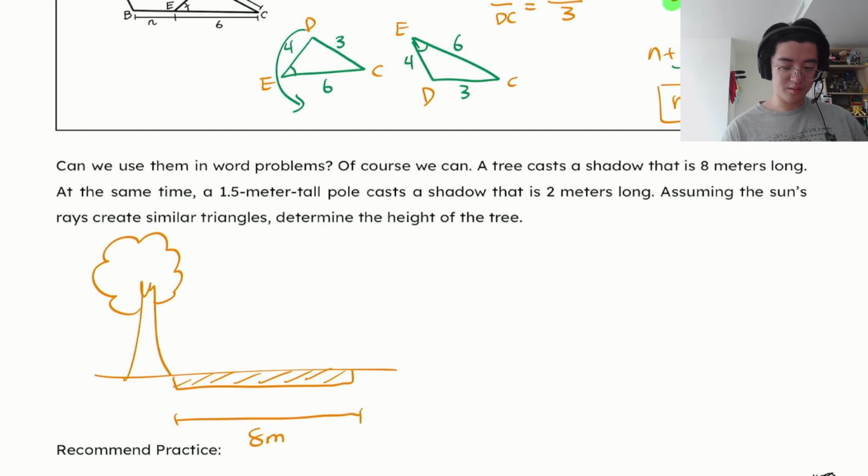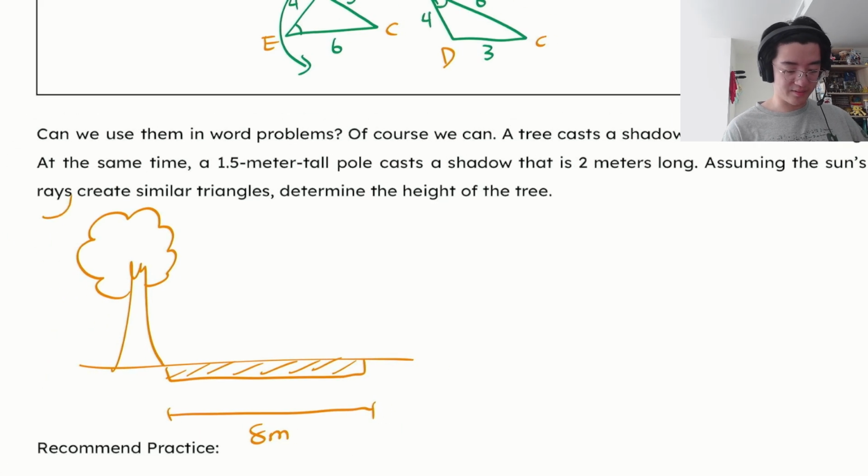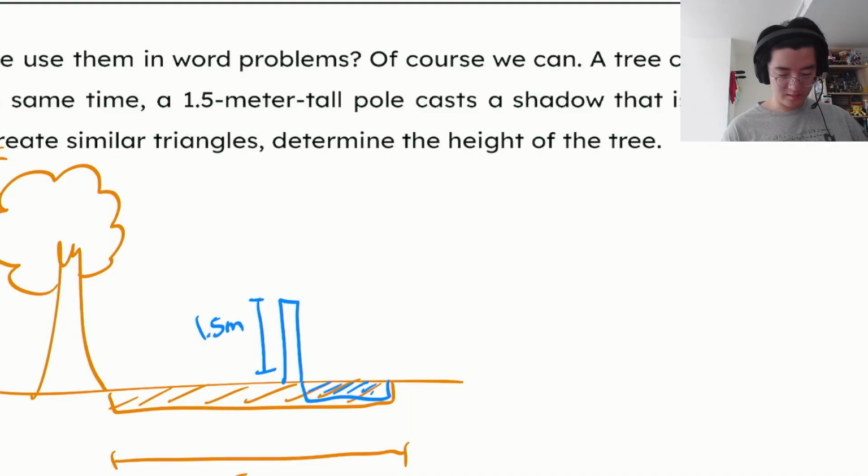And we got a pole that's 1.5 meters tall and a shadow that's 2 meters long. Now you can think of a sun as coming from here. And then we have a pole here that's 1.5 meters tall and it casts a shadow of 2 meters here.